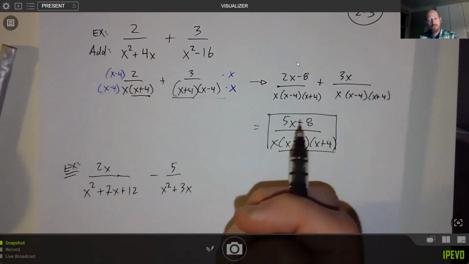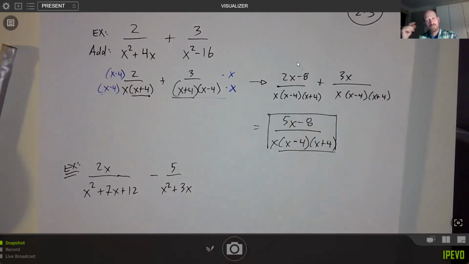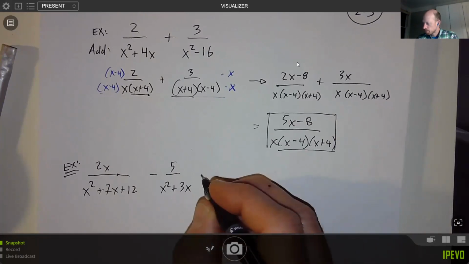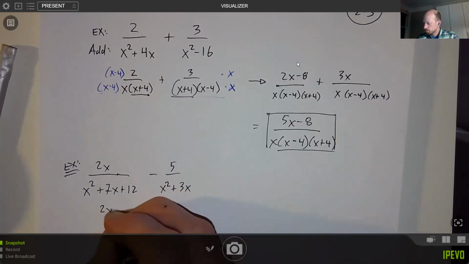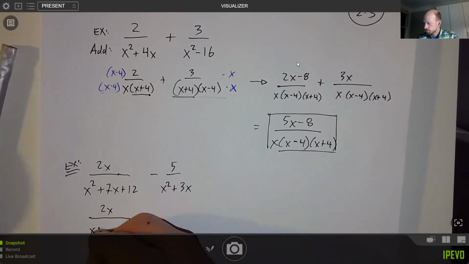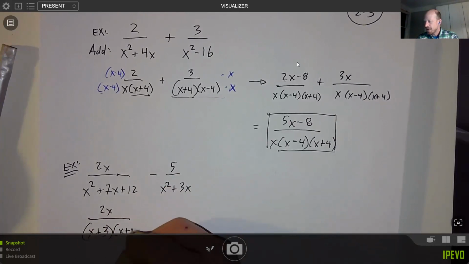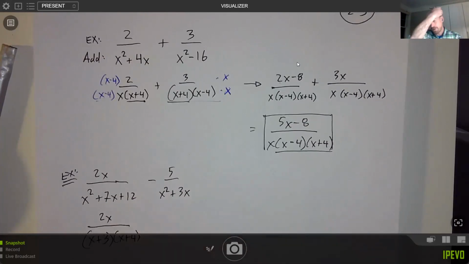So just like before, we want to say to ourselves, this is a common denominator problem. I need to find common denominators, and I'm going to do that by factoring.